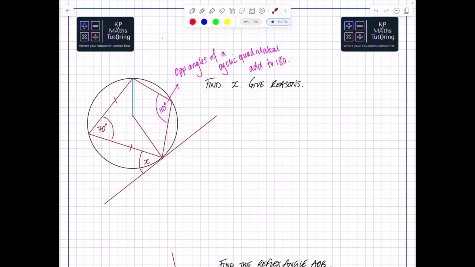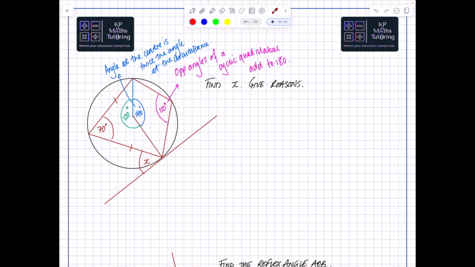If you add that extra line in, it might be able to help you somewhere to create extra rules, because by doing that, what I've now done is I've created that arrowhead. Okay, so if I look here, that's my arrowhead rule. So it might help you create an isosceles triangle, but it could also help you with that arrowhead rule, and the angle at the center is twice the angle at the circumference. So if that's 70, that's going to be your 140.